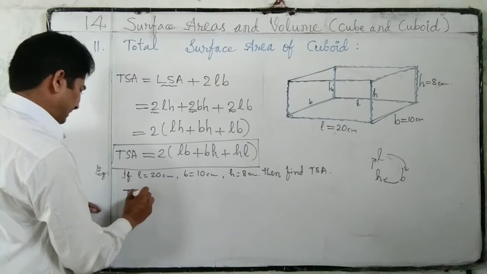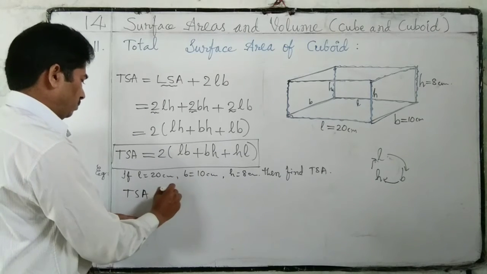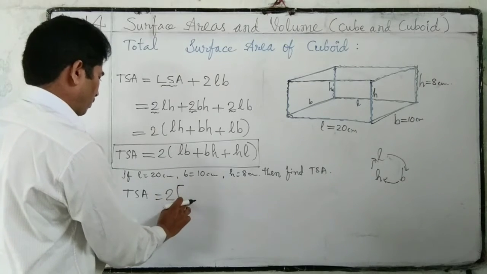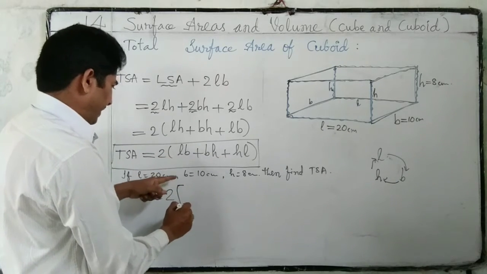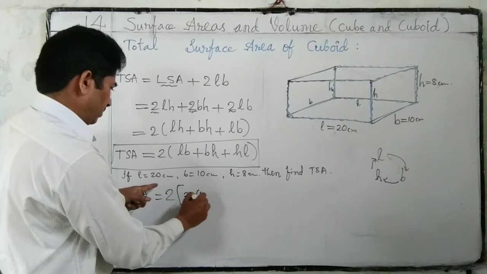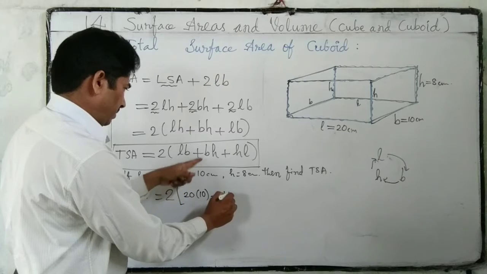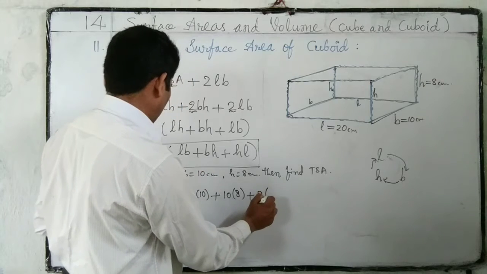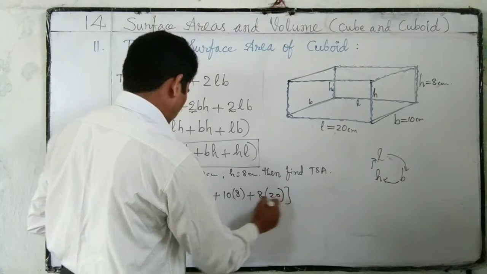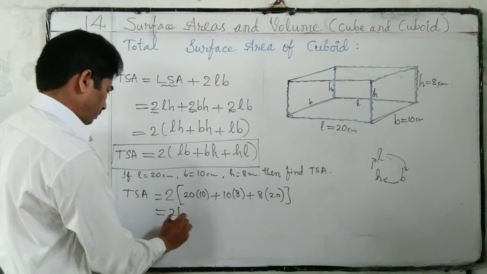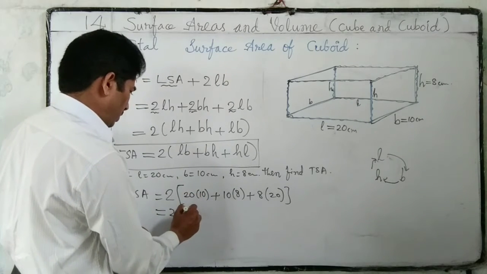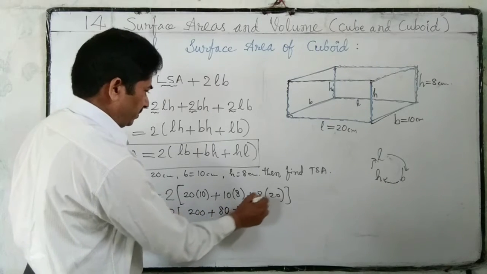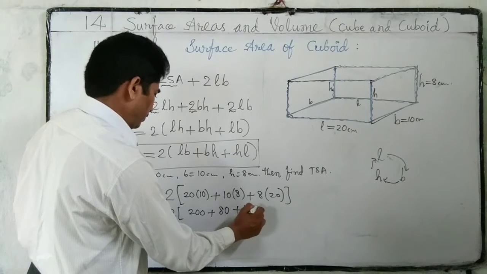Total surface area is equal to, here we have the formula, we have to substitute the values in this given formula. 2 of length 20, breadth 10 plus breadth 10, height 8, length 20. Now we have to simplify these values. 20 10s are 200, 10 8s are 80, plus 8 20s are 160.